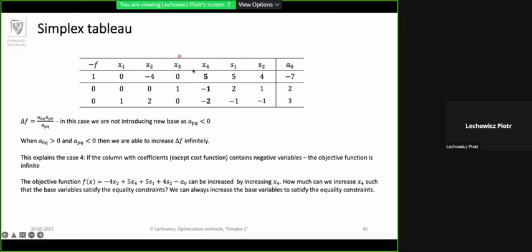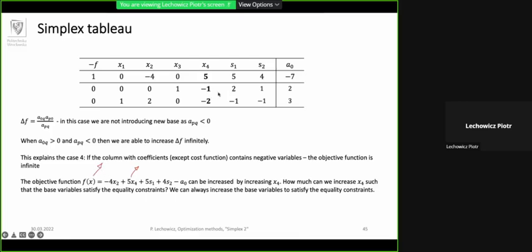Okay, if this variable is positive and if all the coefficients are negative, we can increase this variable as much as we want. And if we increase this variable, we are also increasing the objective function.